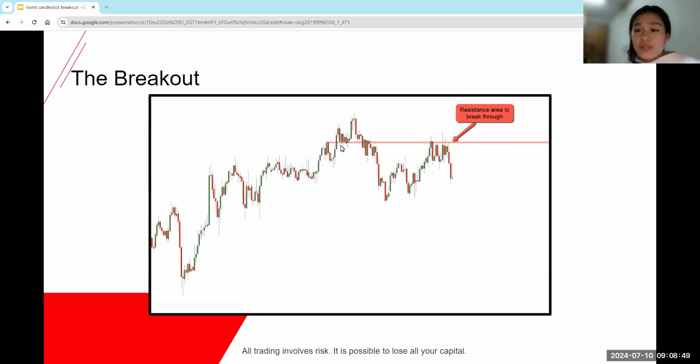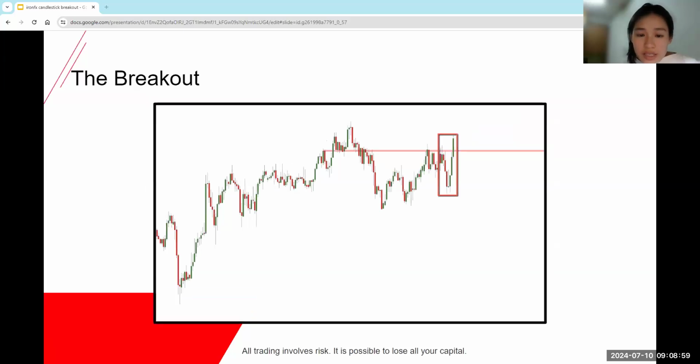And these are important because it shows that the bulls and bears of any security's price respect that level. Okay, and here we actually see this formation again with price breaking out of that huge resistance area. So that is the breakout that we're referring to here.